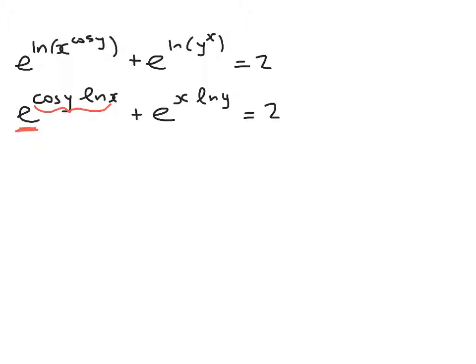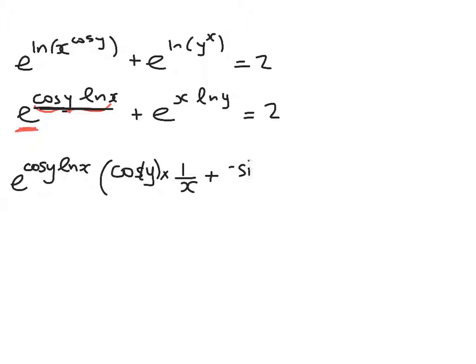So now, the first term will give me e to the cos y ln x times the derivative of this with respect to x. So using the product rule, it's going to be the first function, cos of y, times 1 over x plus negative sine y dy by dx. So that's implicit on cos of y times the log of x.